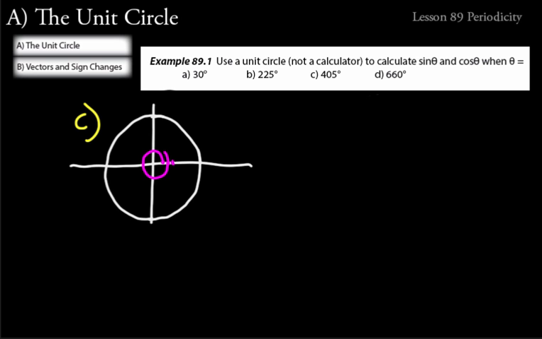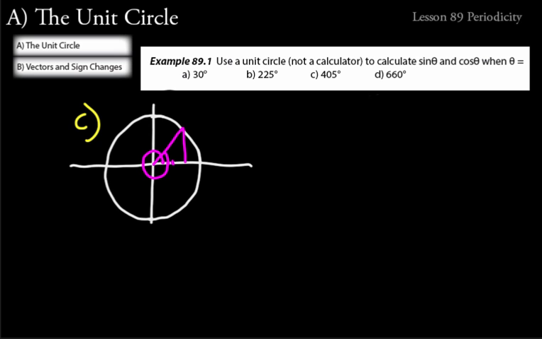Then we'll go ahead and draw our hypotenuse in and our right triangle. So we see we have a 45, 45, 90 triangle. So 405, we can relate that to a 45 degree angle. That's our coterminal angle, 45 degrees. Just like on a clock, we wouldn't say it's 375, we'd say it's 4:15, right?